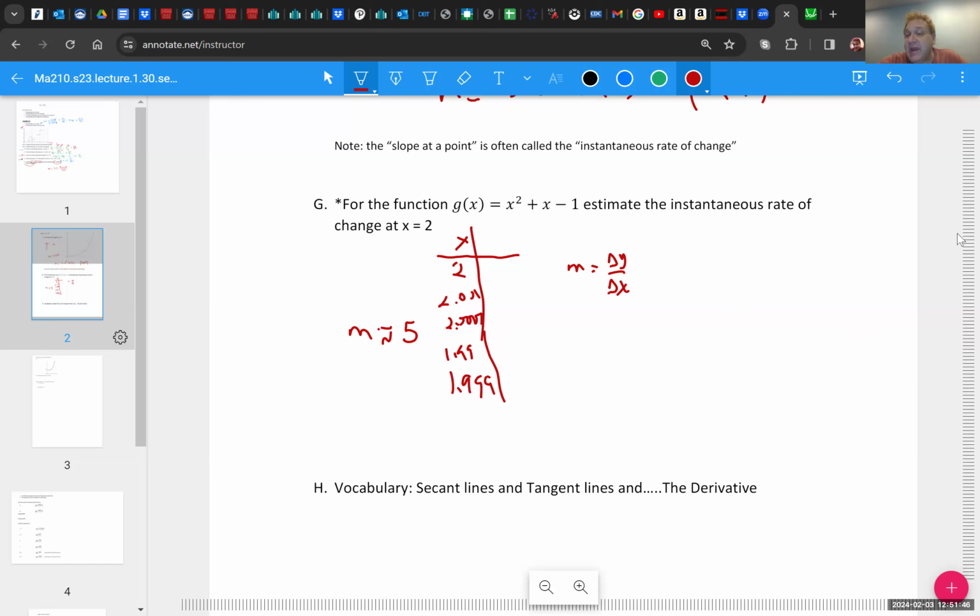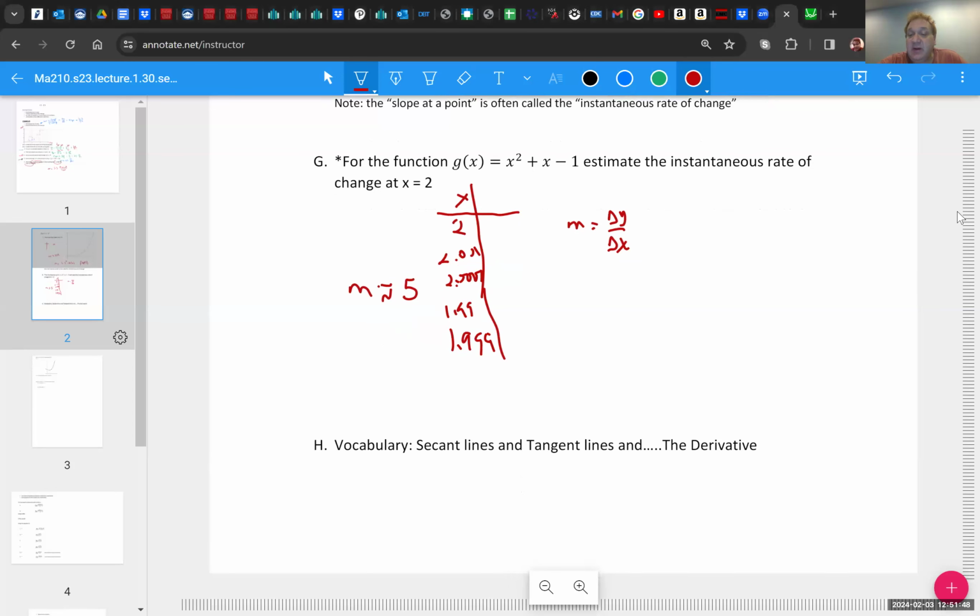Okay, and just some vocabulary to end today's video. If you have 2 points, like when x equals 2 and x equals 2.001, those are 2 different points, and you find the slope between those 2 points, that's called a secant line. A secant line is the slope through 2 points.